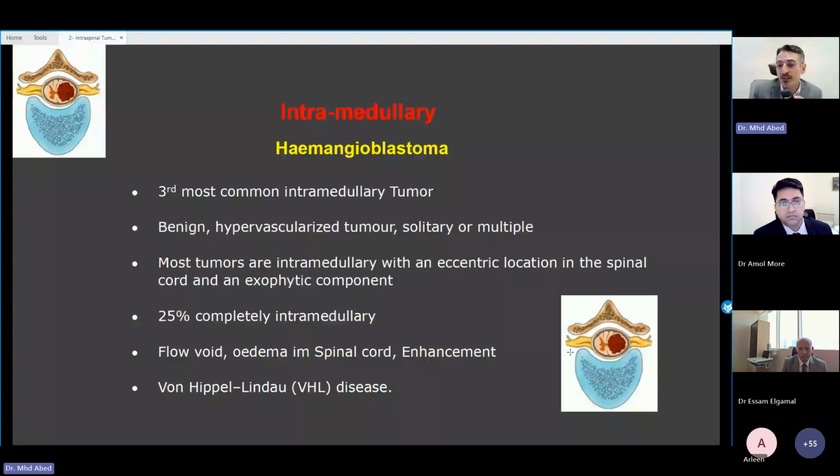The tumor is usually intramedullary, but it's located somehow in the periphery, and it's causing like exophytic tumor in comparison to the ependymoma. As we said, the ependymoma originates from the central canal. That's why it's central, while the hemangioblastoma is usually eccentric, adjacent to the pia mater, and sometimes there is exophytic tumor.